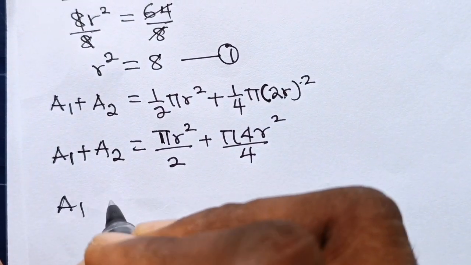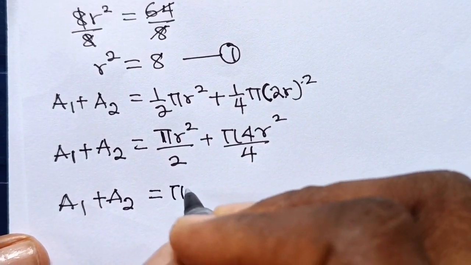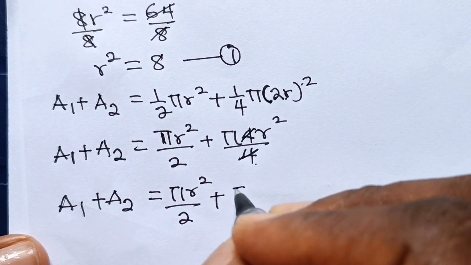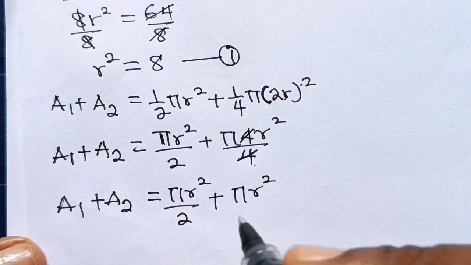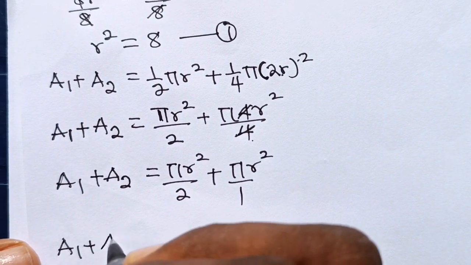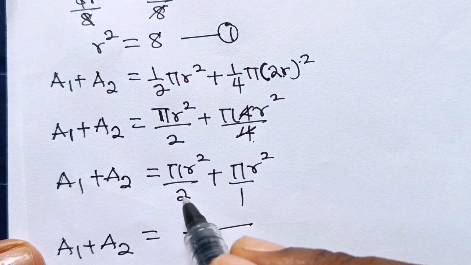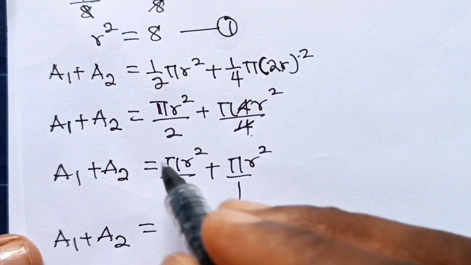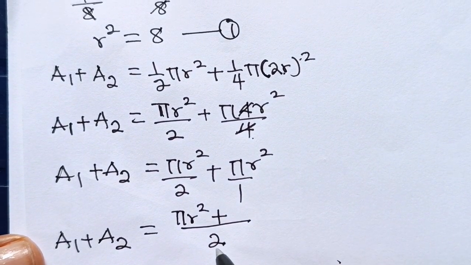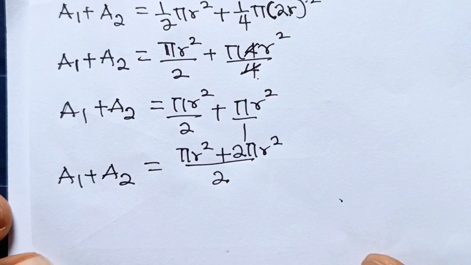So A1 plus A2 is equal to pi r squared divided by 2 plus, this will divide this, we have pi r squared over 1. Now if we solve this, A1 plus A2 is equal to, the LCM is 2, 2 divides 2 is 1, 1 times pi r squared is pi r squared. 1 divides 2 is 2, 2 times pi r squared is 2 pi r squared.